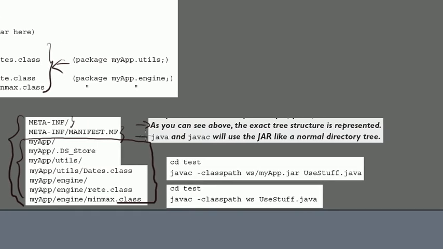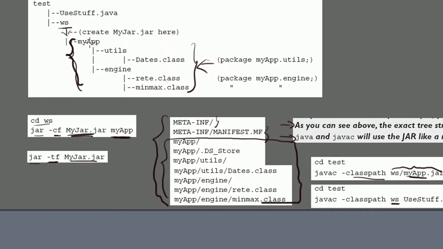Both java and javac consider a jar like a normal directory tree. The only difference is that in the class path, you explicitly say the name of the jar file, but if you were to compile the same without the jar file, you would just specify the root directory, which is ws.